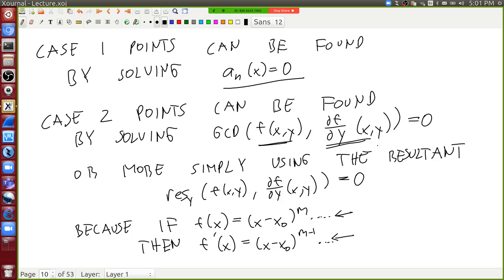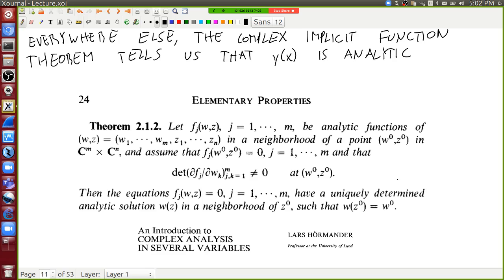So you can either use the GCD or, more simply, the resultant, which gives you a polynomial that you solve, and you find all of your case 2 points. So just by extracting roots from polynomials, doing nothing more complicated than a resultant, we can find the locations of all these problematic points. Everywhere else, the complex implicit function theorem tells us that it is analytic.